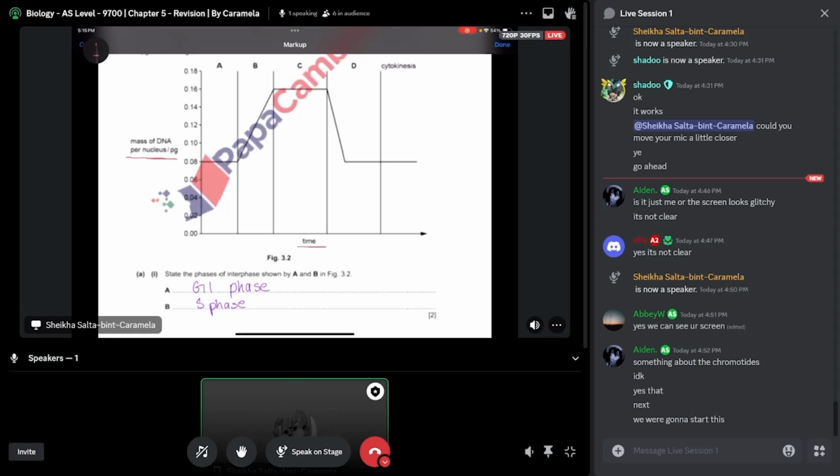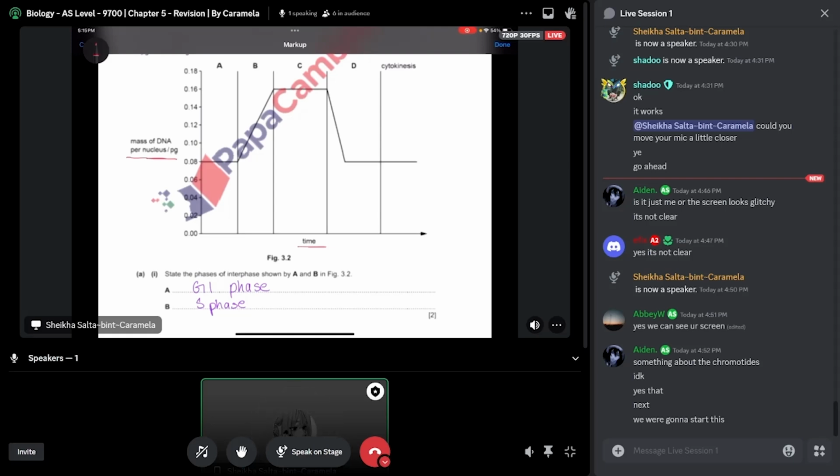In A the mass is constant, so we can say that the cell is in resting phase, so there's not really anything happening, so the cell would be in G1 phase. We're saying that the mass of DNA per nucleus remains constant because only RNA is being synthesized and enzymes are being created, so there is no proper increase in the mass of the DNA.